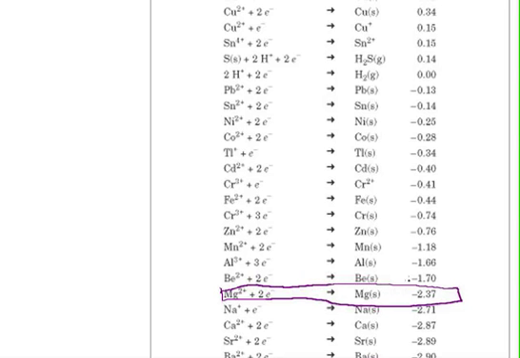So this is the reduction potential of magnesium, right? Now remember, we're talking about oxidation. So we're essentially going to take this number and change the sign on it. So if the reduction is negative 2.37, then the oxidation will be positive 2.37, right?